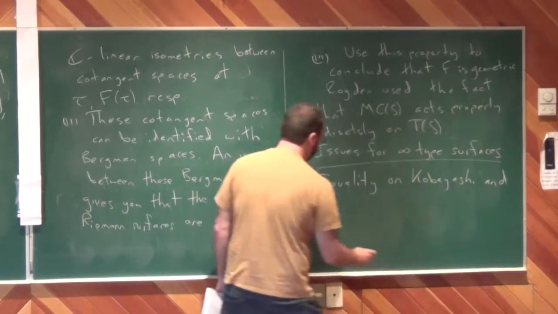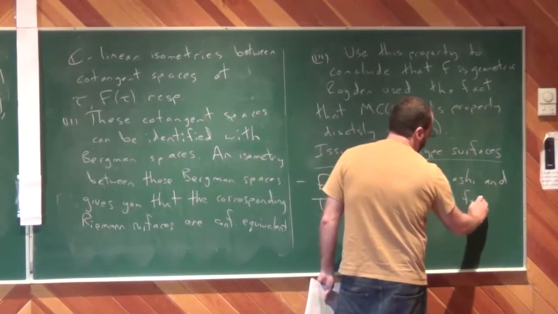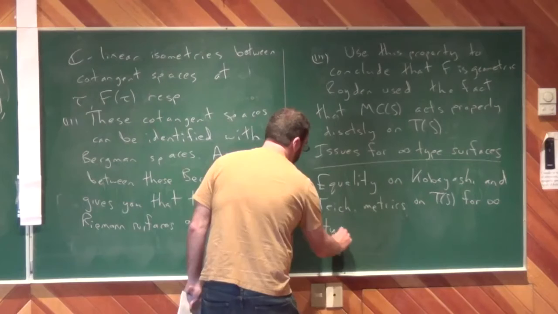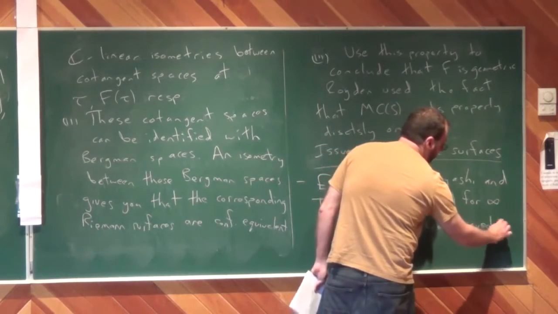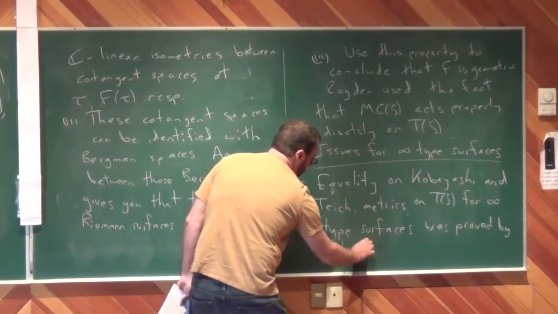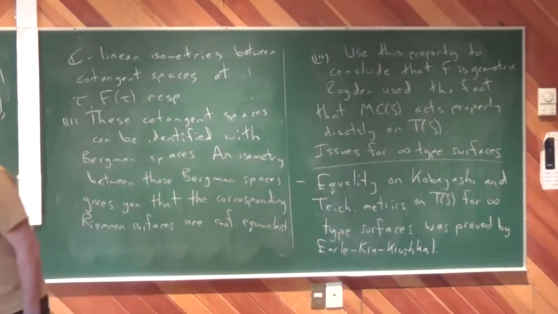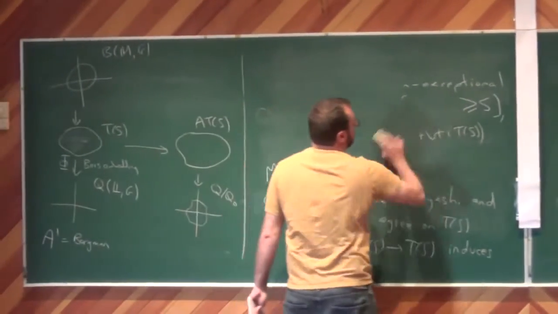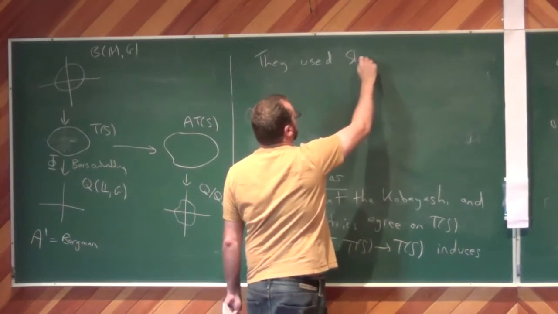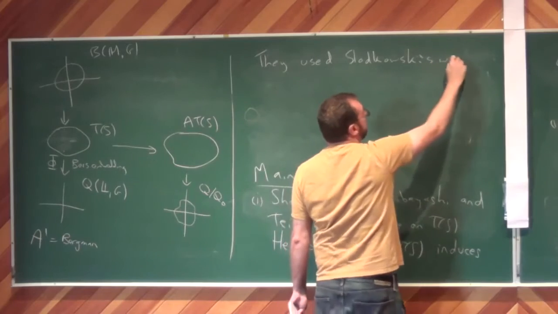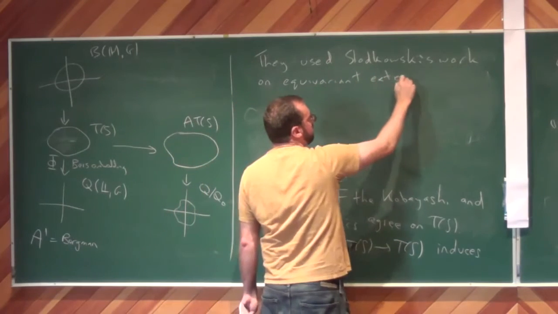The equality of Kobayashi and Teichmüller metrics on T of S for infinite type surfaces was proved by Earle, Markovic, and Saric, and they used Slodkowski's work on equivariant extensions of holomorphic motions.